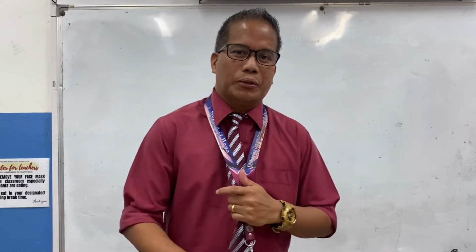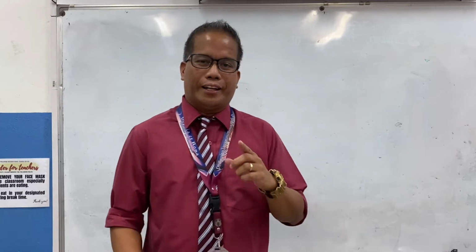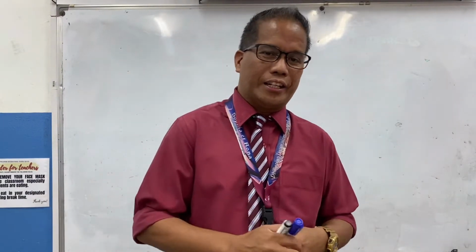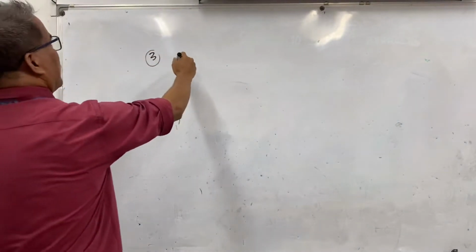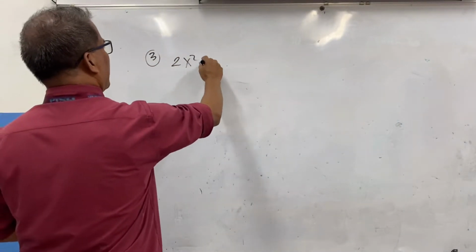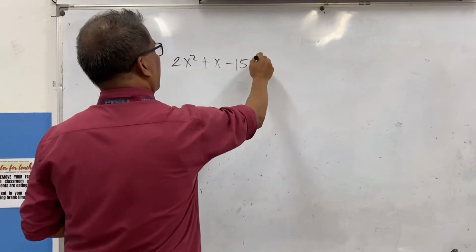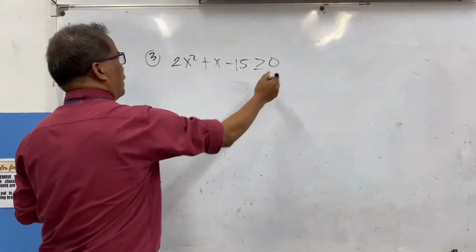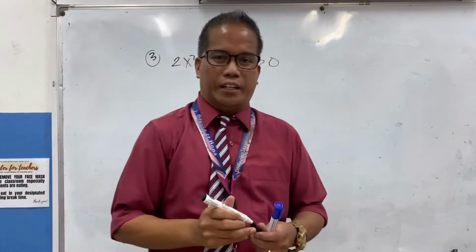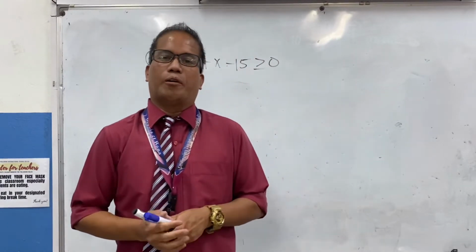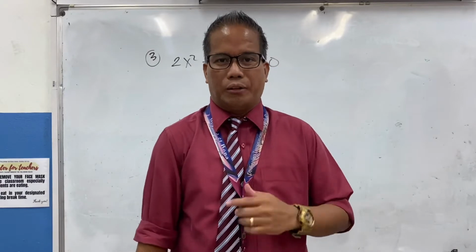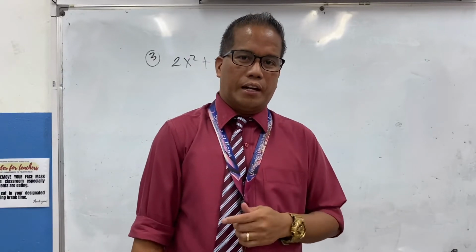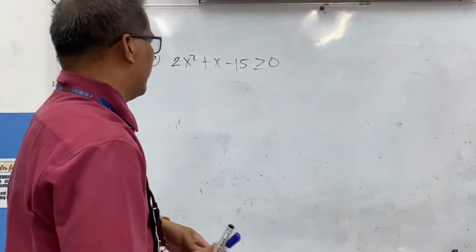Alright, so first we are going to check whether the given inequality is written in standard form. Since the inequality is written in standard form, we will proceed to the next step, which is to find the roots of this quadratic inequality.